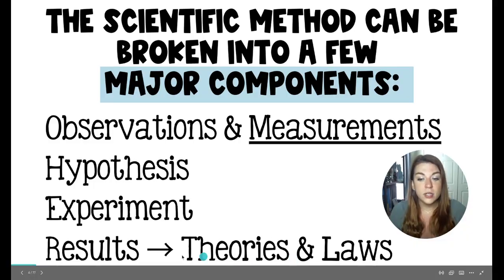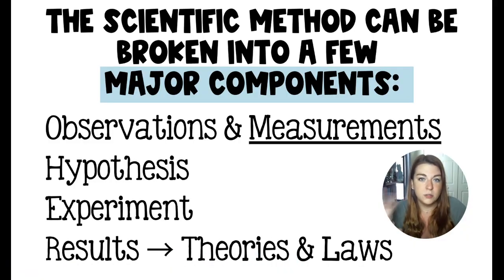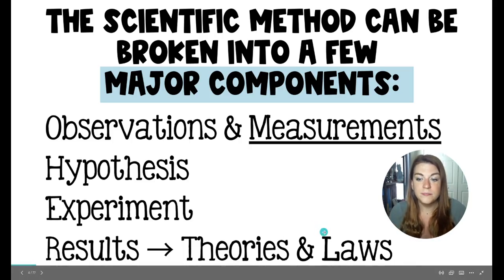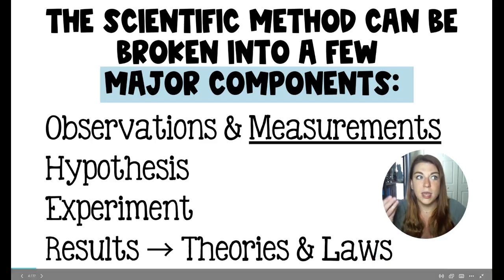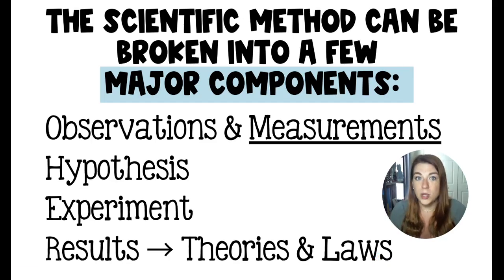So we have the theory of gravitation, that everything attracts everything else by the force of gravity. That's a really broad brush over of it. A physics teacher could give you a far better definition, but it's just things attract to each other based on their mass. And then the law would be the universal law of gravitation, which is a mathematical equation that you can plug numbers into and effectively find out the force of gravity between two, they call them bodies.